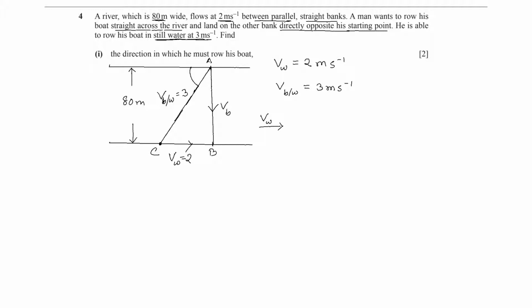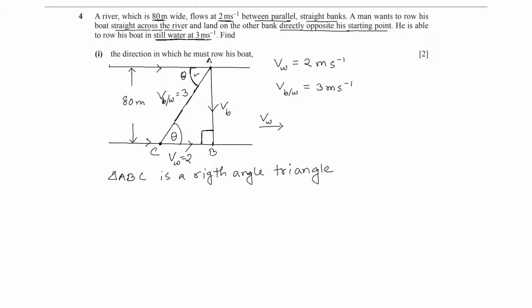Now let's say that the line AC creates an angle theta with the bank, and therefore since the banks are parallel, the angle ACB is also theta. Since AB is parallel to CB, therefore the angle B is 90 degree. Therefore the triangle ABC is a right angle triangle.